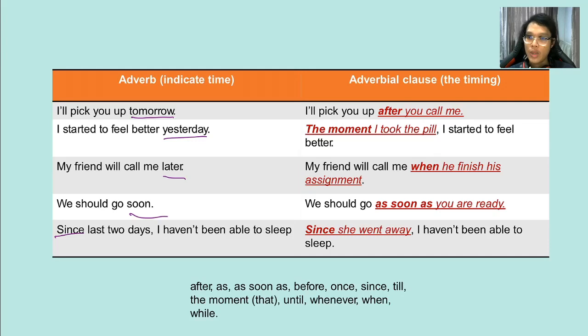You have to have a subject, like a complete sentence after these conjunctions. The complete sentence will have one subject, one verb, and one optional object. You can have an object or not, depending on the verb that you use.